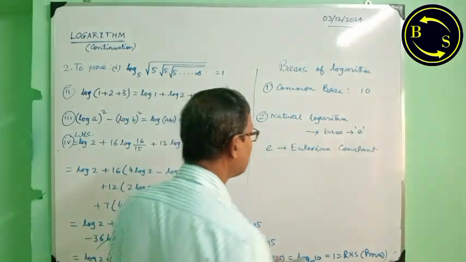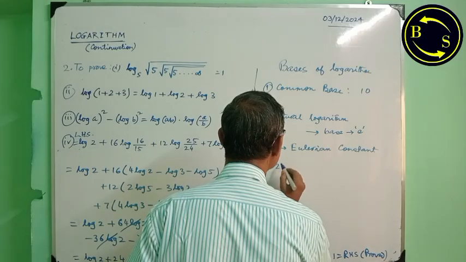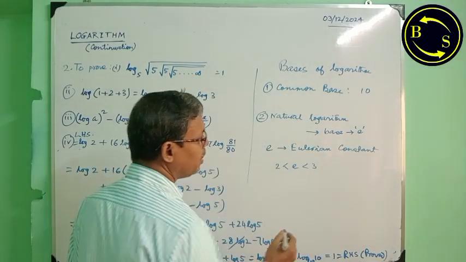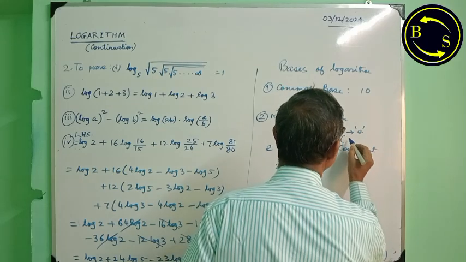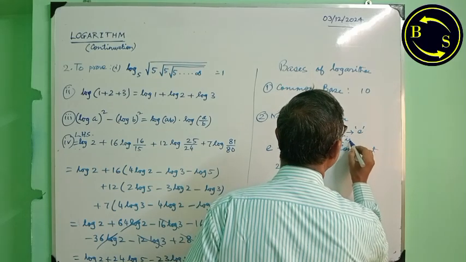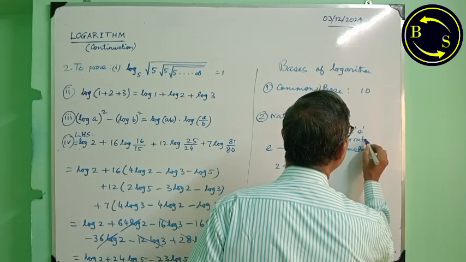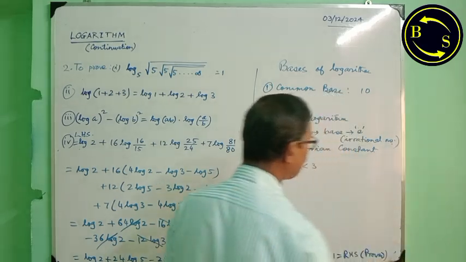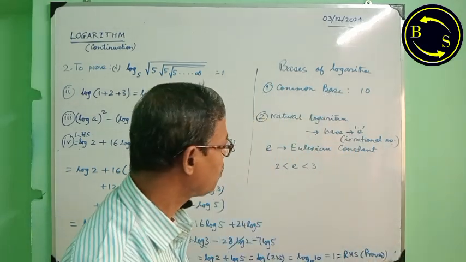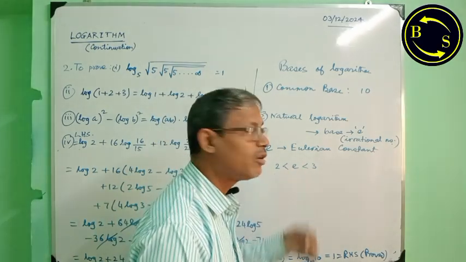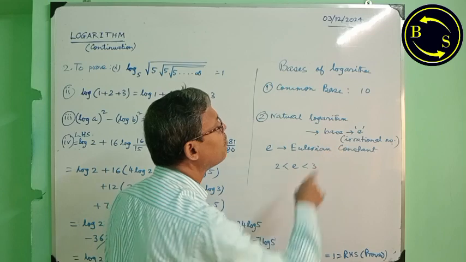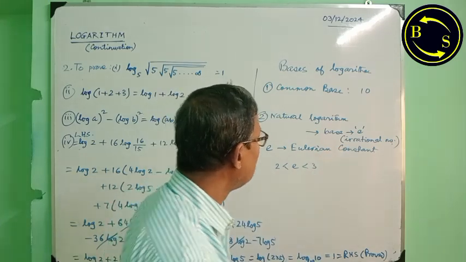The base is e and it is an irrational number. It was discovered by Euler, and as I already mentioned, it is an irrational number.